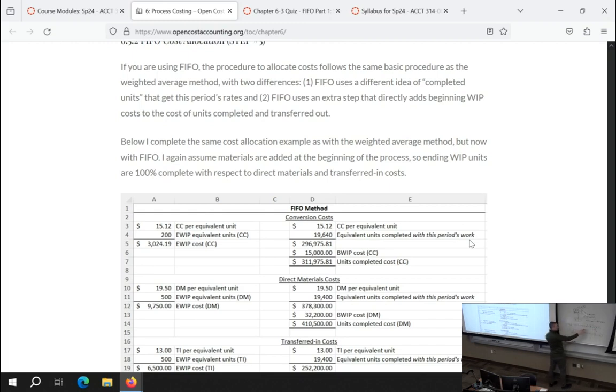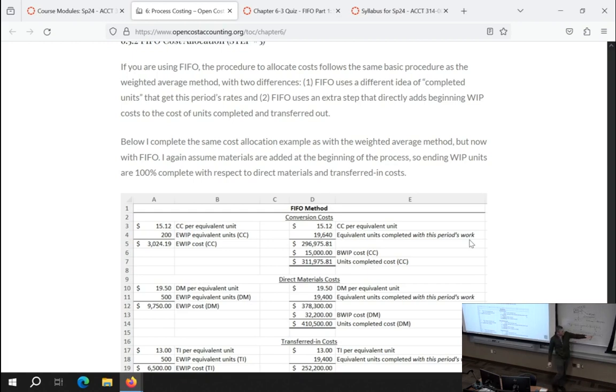You can 100% transfer your knowledge from weighted average to how that cost is applied. Once you get past the idea that this is our new term, we're going to largely follow that process as well. So this reflects the equivalent units worth of work we did with this period's work. And FIFO draws a hard line between last period's work and this period's work. That's the whole punchline of the process.